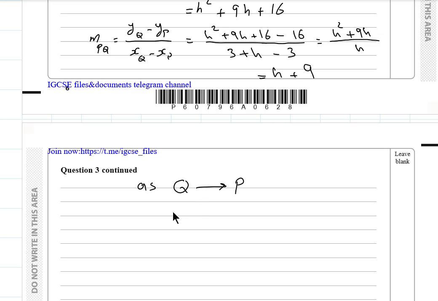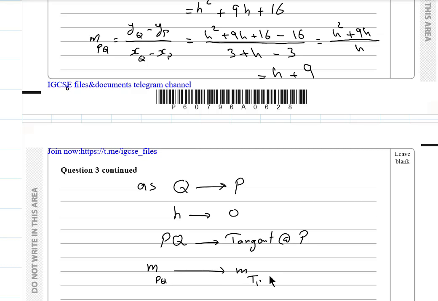What will happen in this case? Do you remember h? h will approach 0, right? Because h is the horizontal distance between P and Q. And in this way, PQ will be a tangent at P, so the gradient of PQ will be the gradient of the tangent.